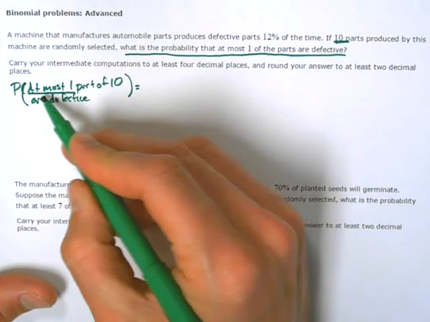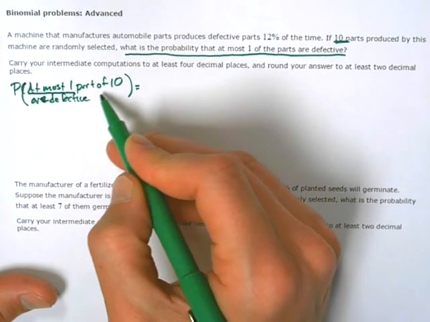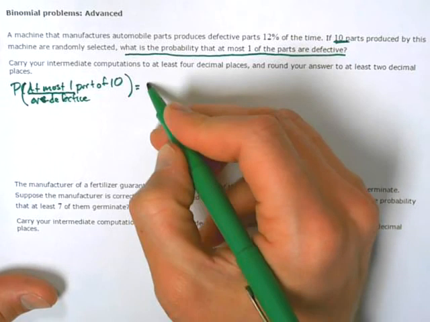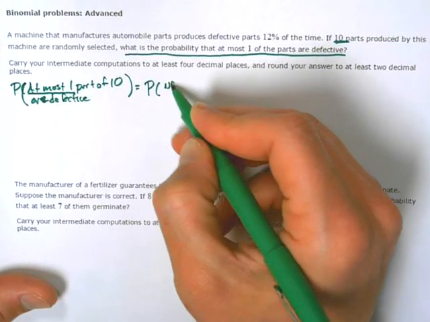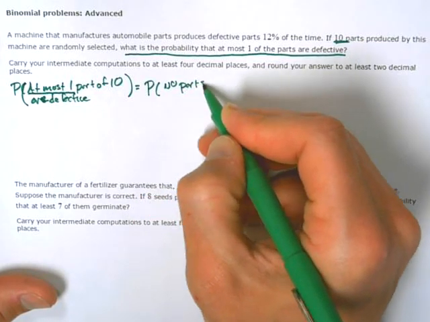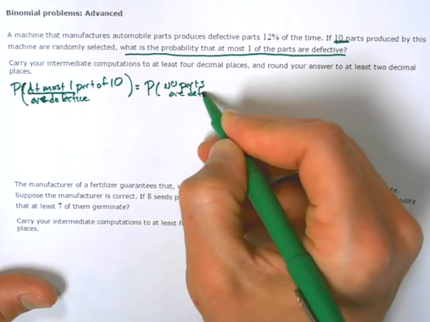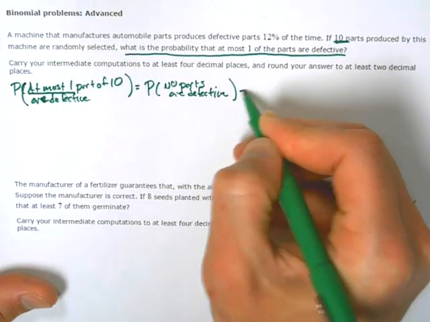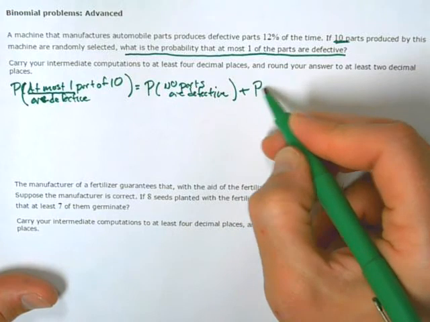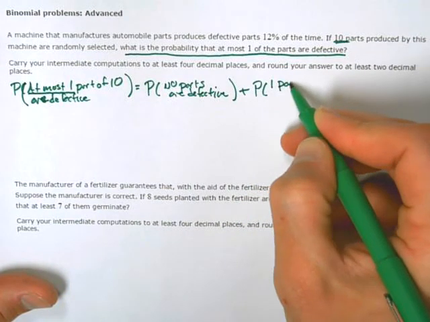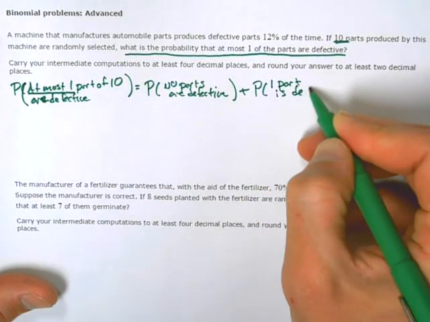So the probability that at most 1 of 10 parts are defective is the same as finding the probability that no parts are defective, plus the other possibility that 1 part is defective.